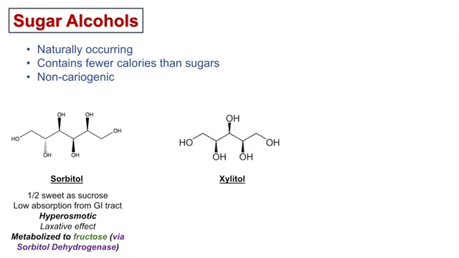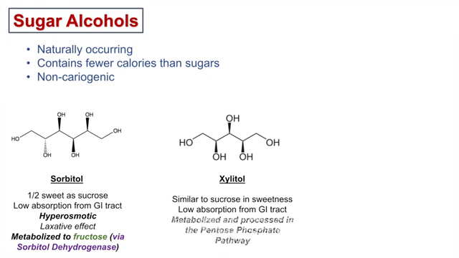Another sugar alcohol that we commonly see is xylitol. Xylitol is similar to sucrose in its sweetness. It has low absorption from the GI tract like sorbitol, and it is metabolized and processed in the pentose phosphate pathway. And the last sugar alcohol we're going to talk about is erythritol.